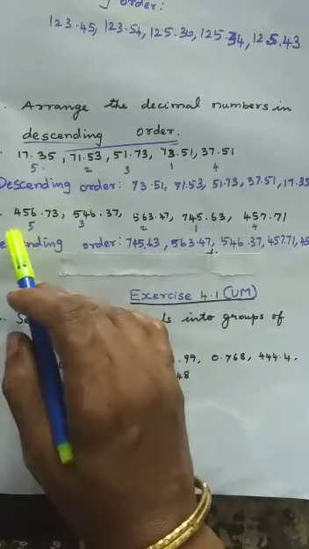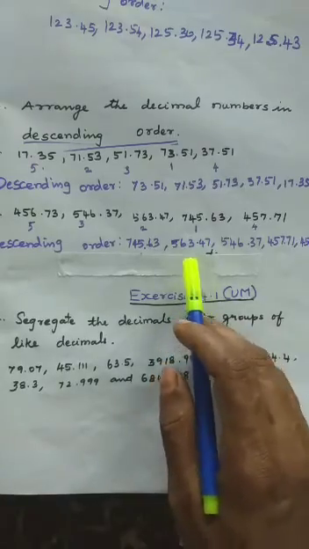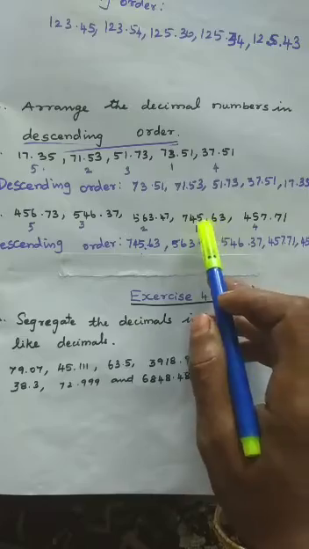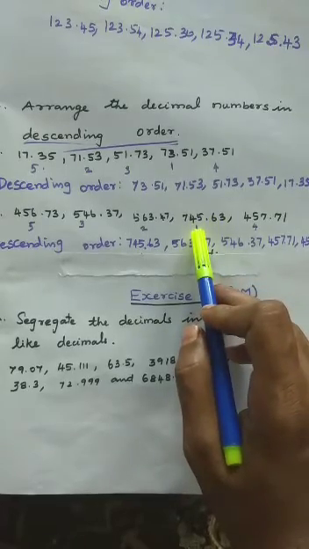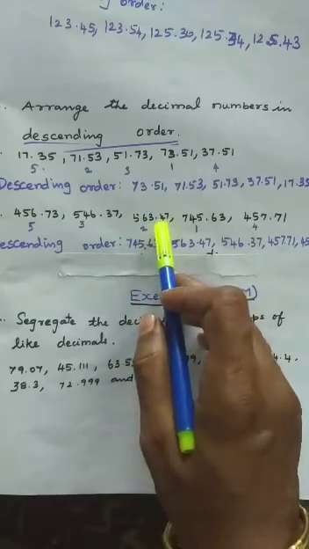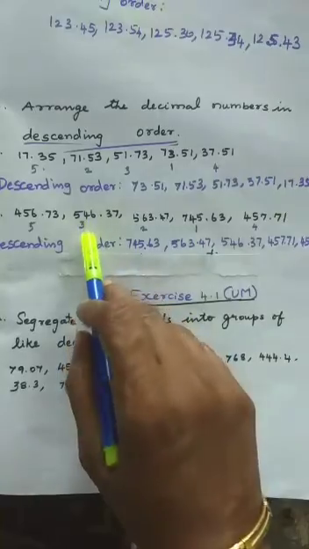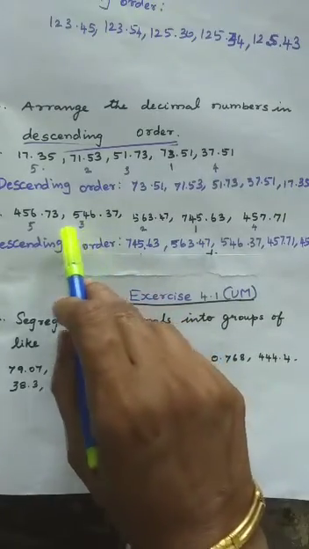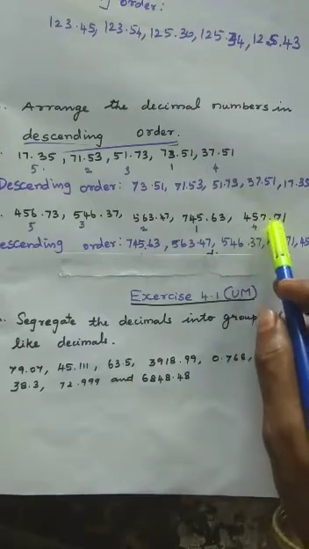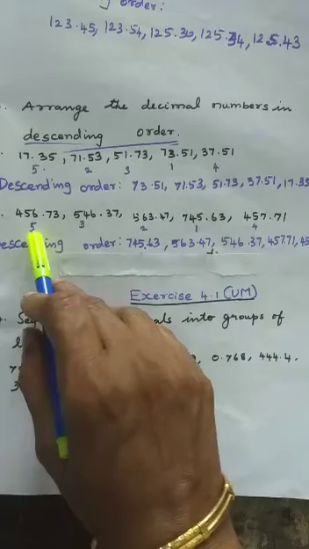We have to write this from bigger to smaller. So the bigger number is 745, that is 1. Then again we have 500, isn't it? 563.47 is the second one. Then 546 is the third one. Then for 456 and 457, 457 is the fourth one and 456 is the fifth one.